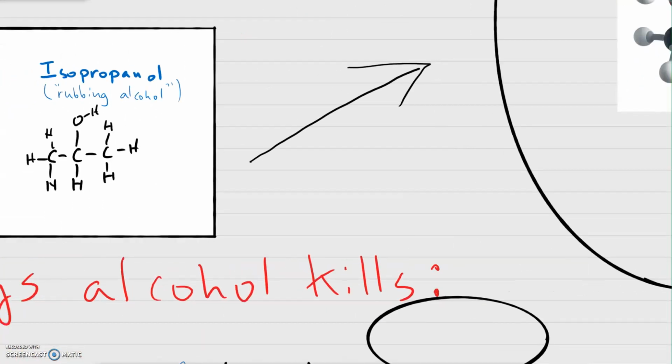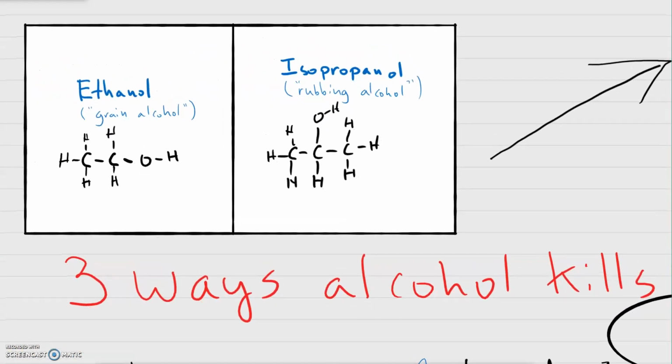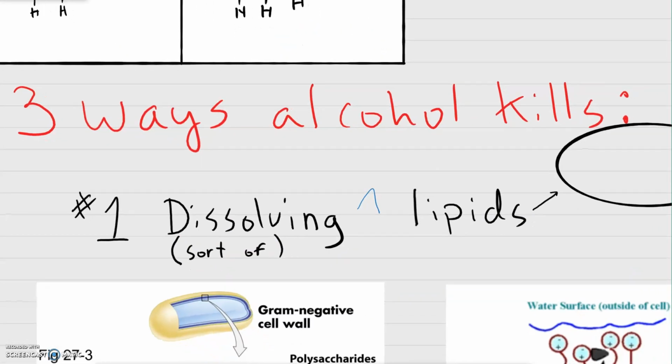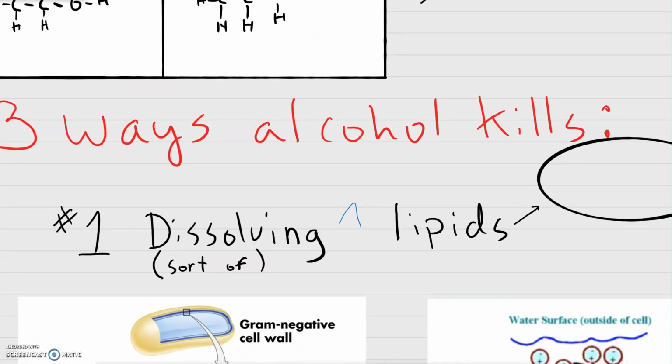All right. So, three ways that alcohol kills things. First, alcohol can sort of dissolve lipids, and I'm going to specify this as membrane lipids.